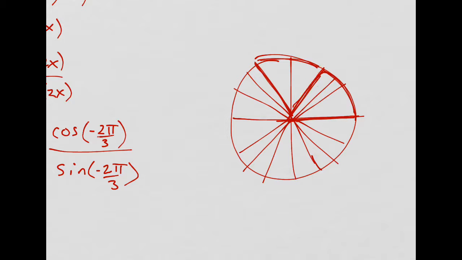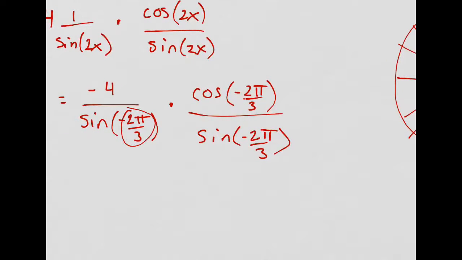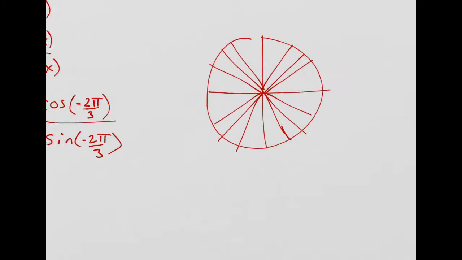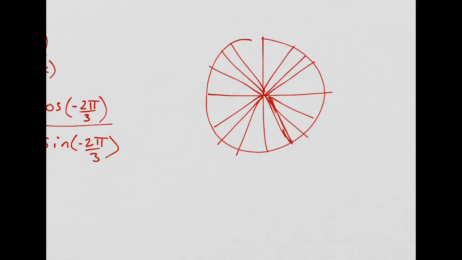However, that's in the positive radian direction, and we're thinking about a negative angle, so we have to go the other way. So this slice is also going to be pi over 3. It's the same size. So that's 1 pi over 3, and this is 2 pi over 3. And now we're going in the negative direction.